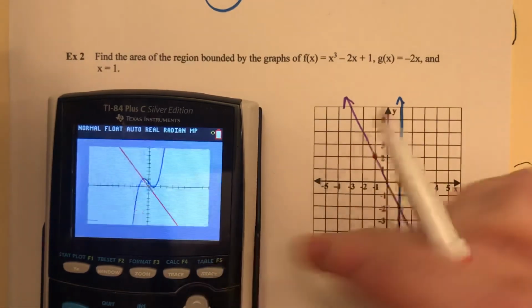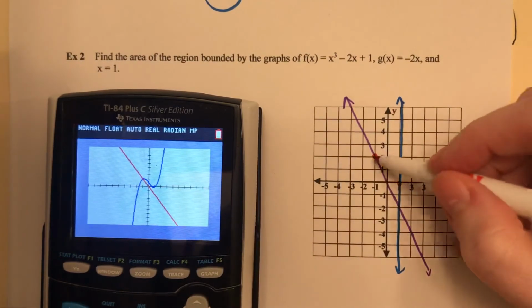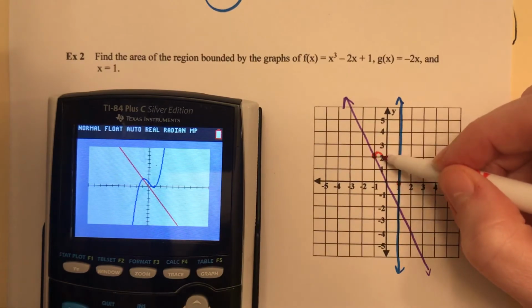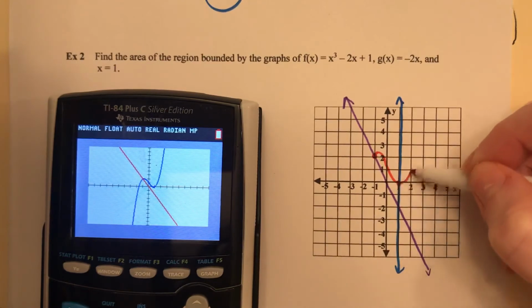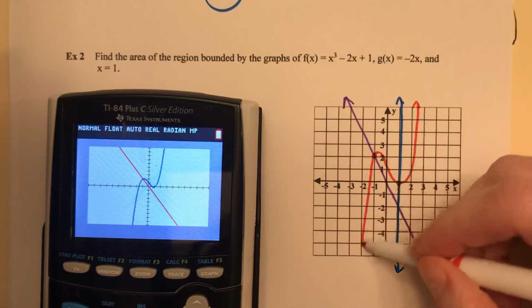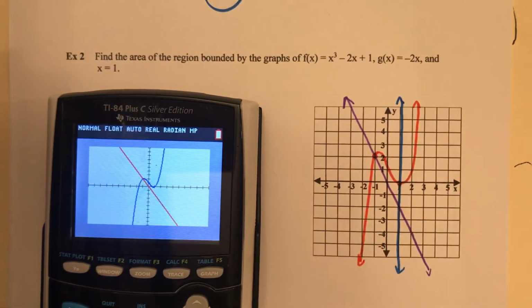Okay, so I'm going to draw a little sketch here on my paper. Doesn't have to be beautiful. And we're looking for the region bounded by those 3 lines.